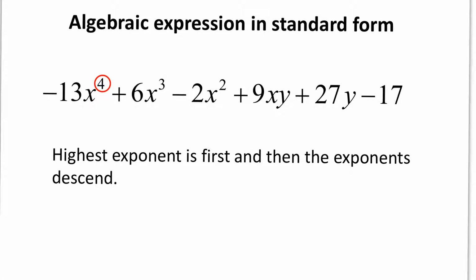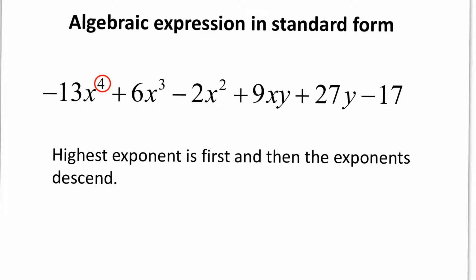We need the standard form because when we simplify the expression, we must have our answer in standard form. So what is the standard form? You notice all of this expression here. You have different variables, exponents, different numbers, leading coefficients or coefficients, and you have a constant. The number with no variable is called a constant.